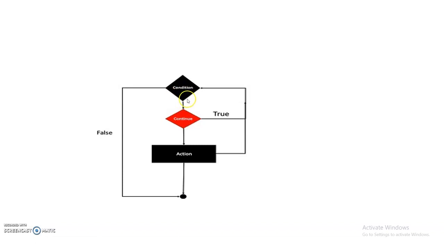If there is a condition, after checking that condition, it will not execute the actions. It just skips that action and jumps to the next iteration of the loop. Okay, this is the continue statement.